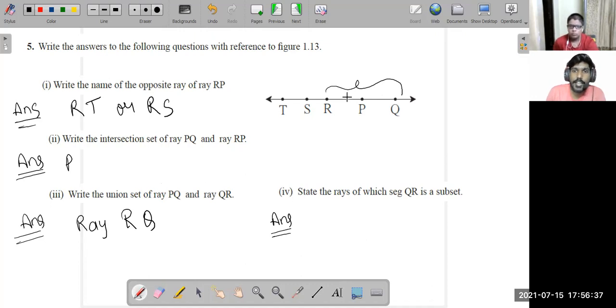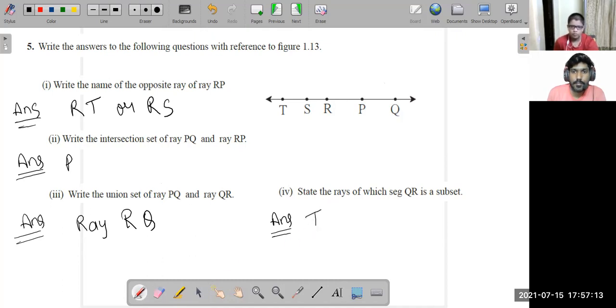No, T is outside. It has to be inside. Subset means inside. State the rays of which segment QR is a subset. Okay. So TQ.